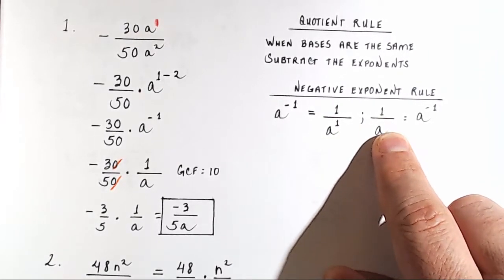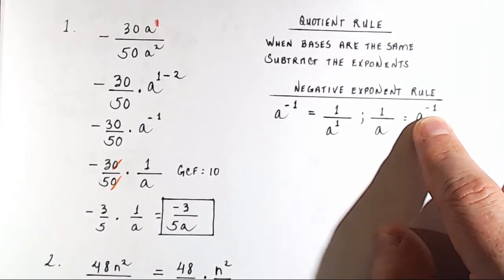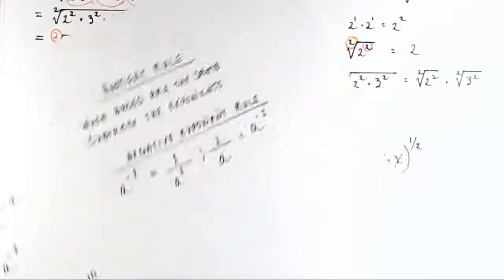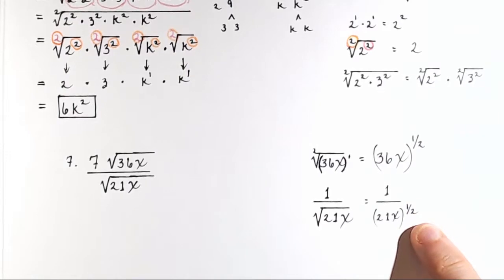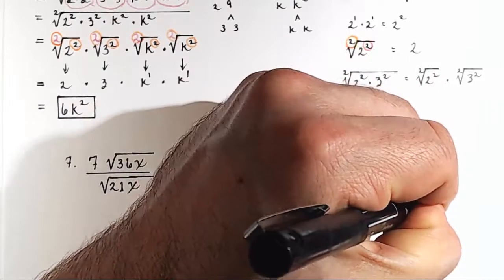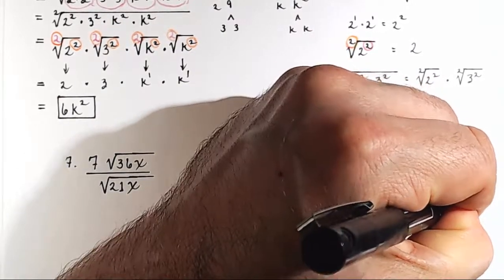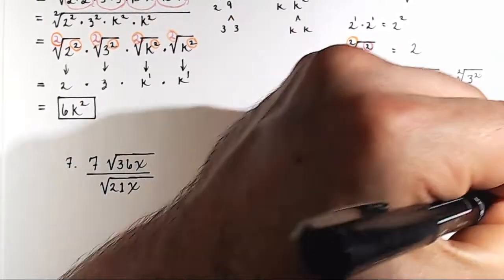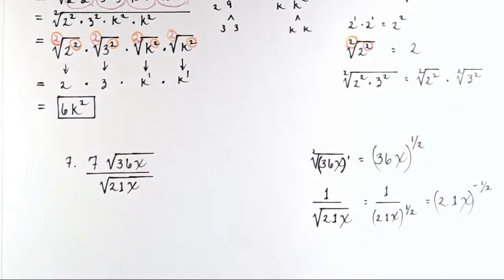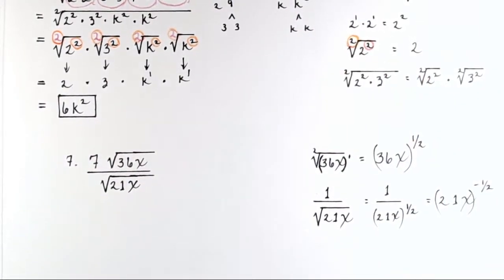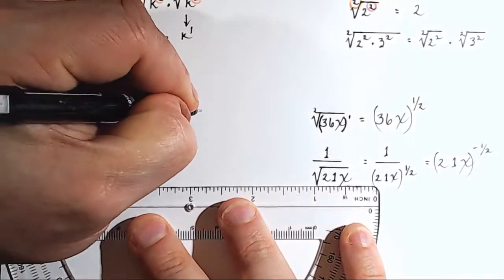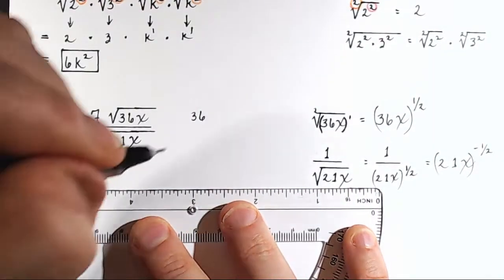We have something in the denominator, and we can rewrite that as that raised to the power of -1. All right, so here the power is 1/2. So we can rewrite this as 21x raised to the -1/2 power. Okay? So we've got all the hardware we need to do number 7. So we're going to break down 36 and also break down 21.